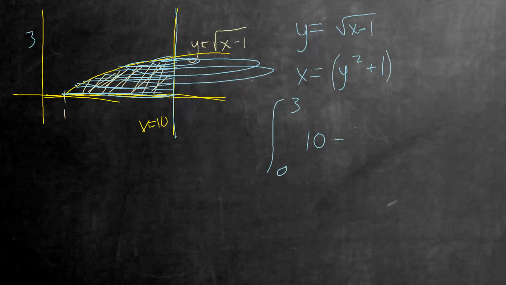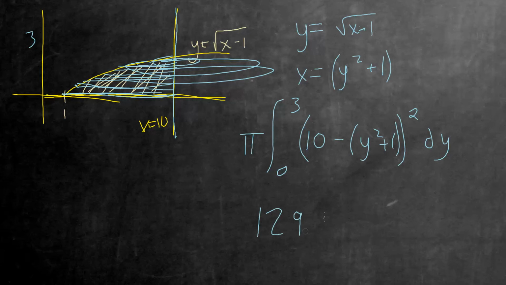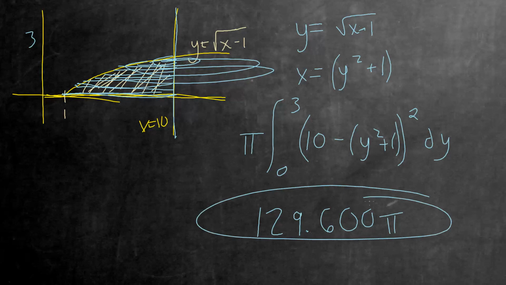This is what x is: y squared plus 1. And that is our radius squared. Don't forget our pi. Pi r squared dy. Plug that into our calculator. 129.600 pi this time. Good.